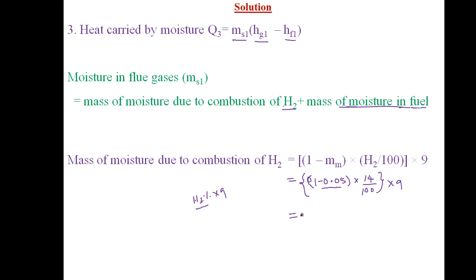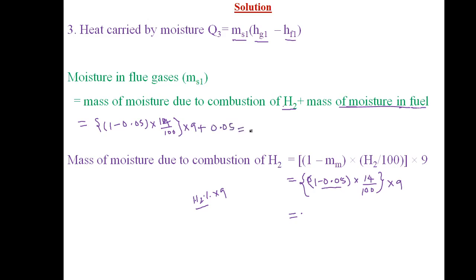Instead of calculating here, we will substitute it here itself again. So 1 minus 0.05, into 14 by 100, into 9, plus mass of moisture, which is 0.05.